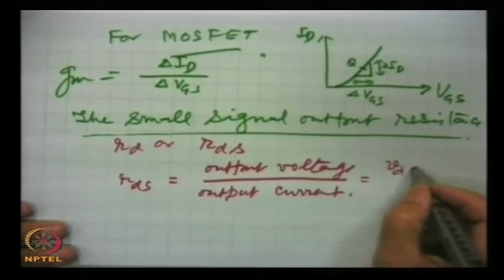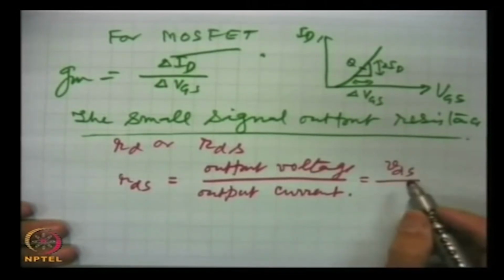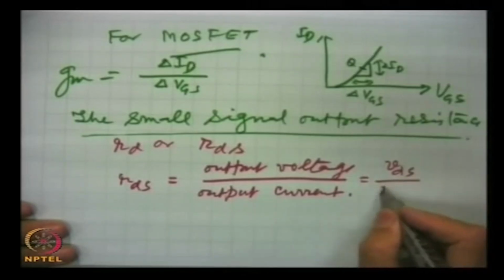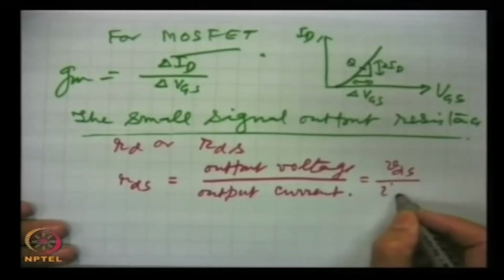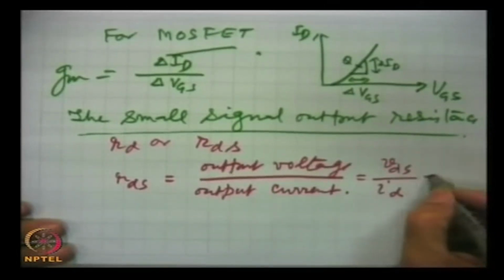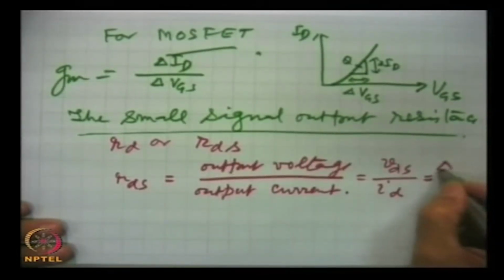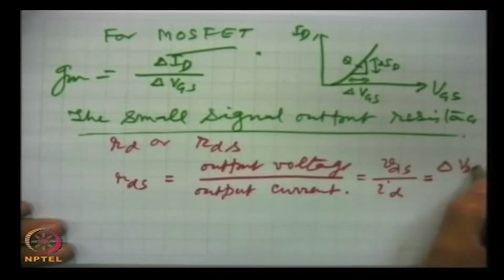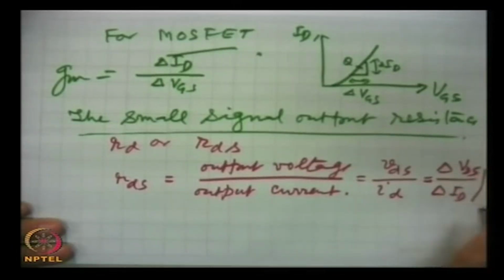That is VDS, the AC value of the drain source voltage, and the AC drain current, which is the same as changes in VDS over changes in the drain current at constant VGS.